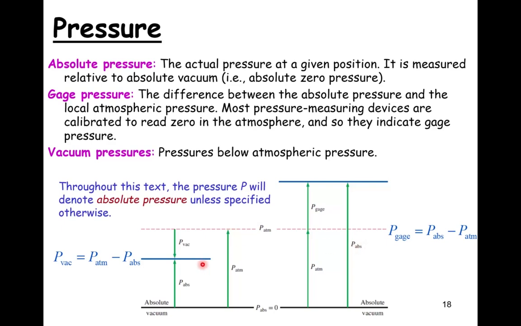Now, suppose that we have vacuum pressure. Obviously, we said absolute pressure is measured relative to zero pressure or absolute vacuum. In that case, because we are creating vacuum, similar to gauge pressure, we consider vacuum pressure relative to atmospheric pressure. That means any measure which is lower than atmospheric pressure.